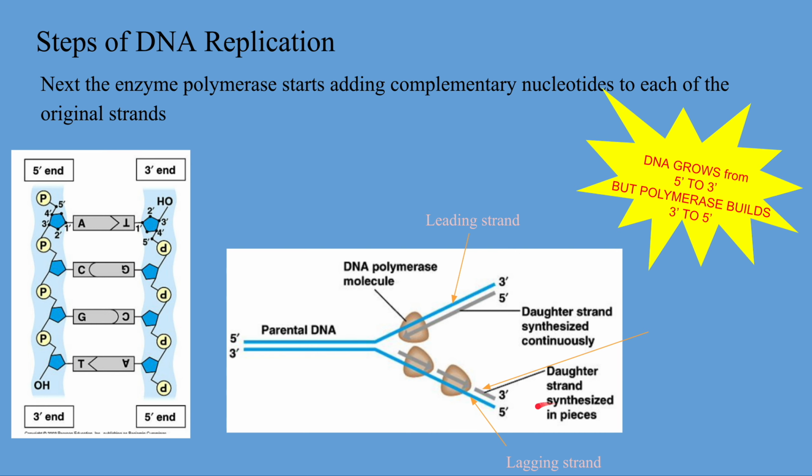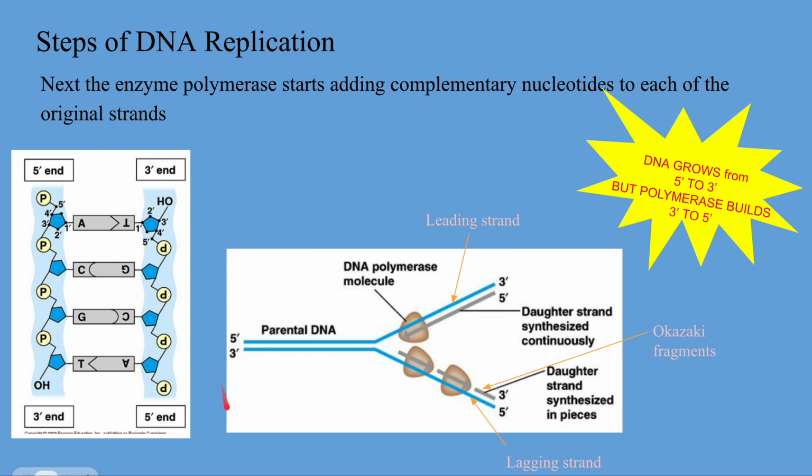These synthesized pieces of DNA are called Okazaki fragments, and they were named after the Japanese scientist with the last name Okazaki because he found out what these were. Synthesize is just another word for build, just to make everything simpler.